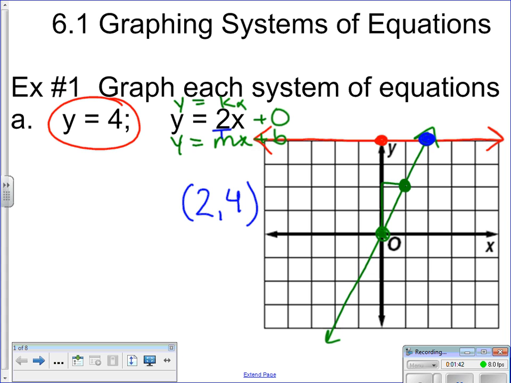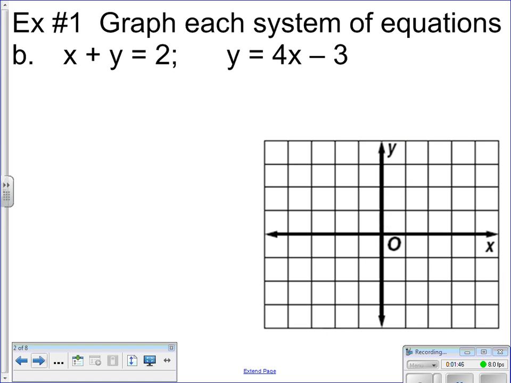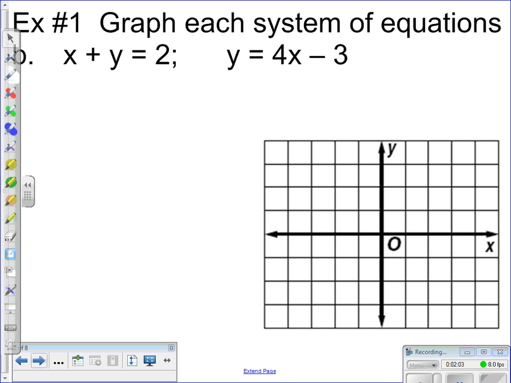Okay, pause here, or example number 2. In example number 2, we have x plus y equals 2, and y equals 4x minus 3. If you notice, the first equation is in standard form. So we can solve for the two intercepts.